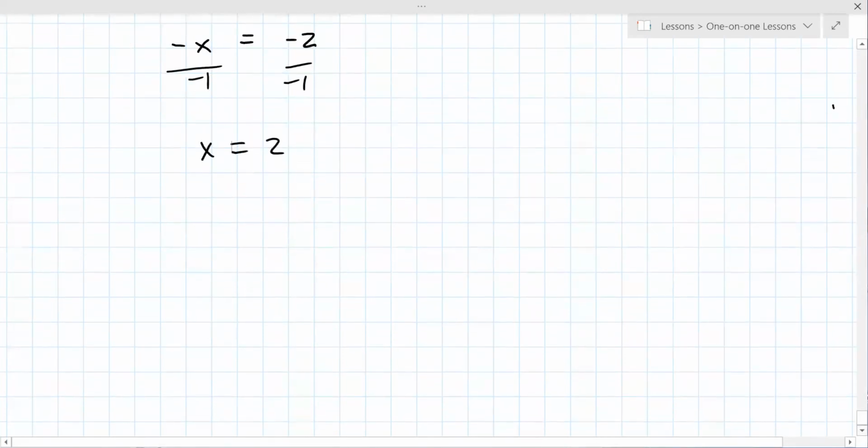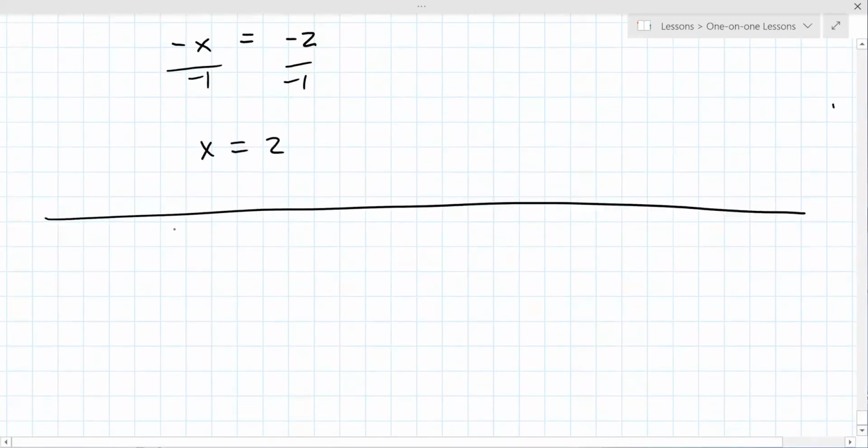Okay. So real quick before we run out of time here, I want to make sure that this is down. What is minus 1 minus 1? Minus 2. What is 1 minus 1? 0. What is minus 1 plus 1? 0.